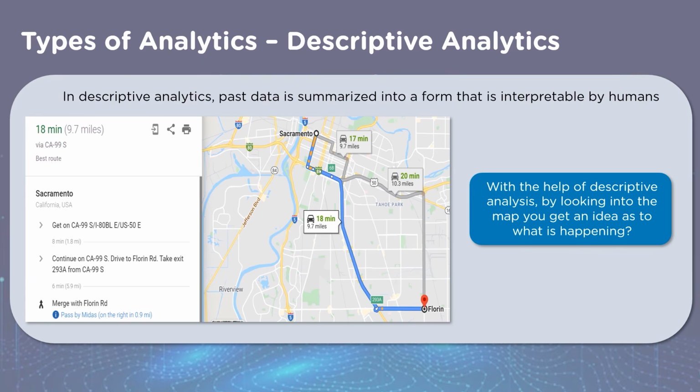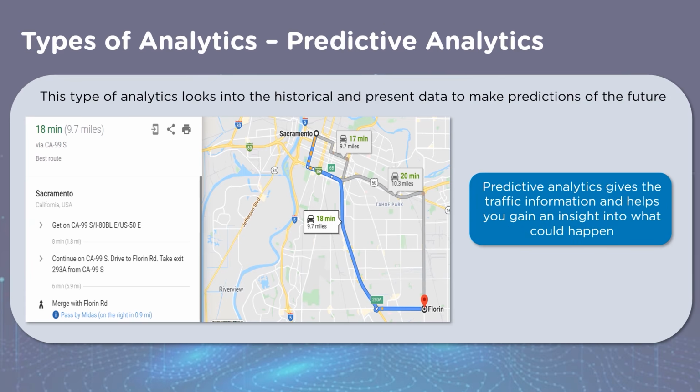This is one way of understanding descriptive analytics, as in what is happening. But there is another way of understanding descriptive analytics, that is by focusing on summarized past data. This is descriptive analytics. We see what had happened in the previous year.